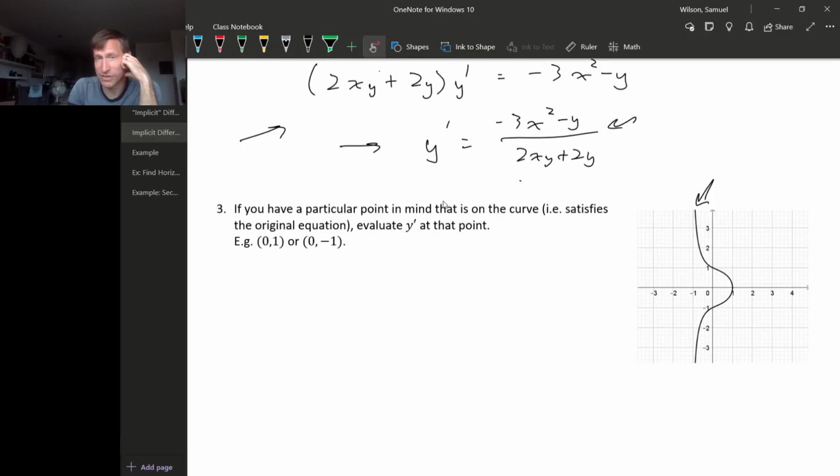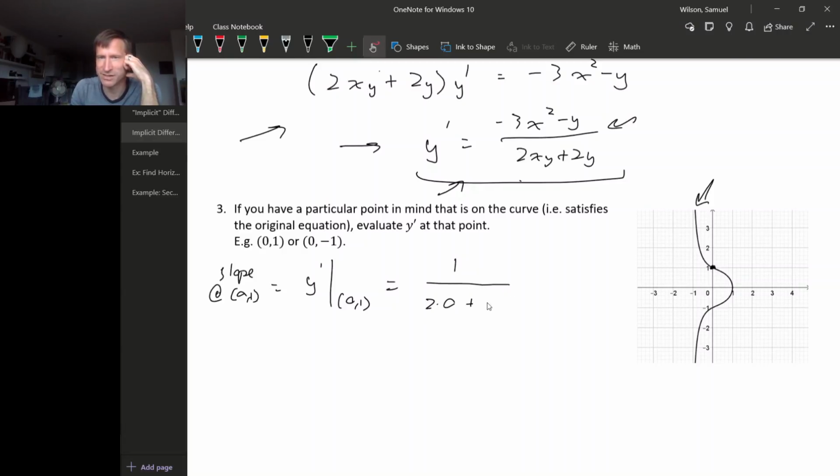So for example, for this particular example, the point (0, 1) is on this graph, so the slope of the tangent line at (0, 1), we just take our expression for y prime, but we plug in (0, 1). So plugging in (0, 1) into this, we get, in the numerator, just minus 1, so plus 1, over 2 times 0 plus 2 times minus 1, so we get minus a half.